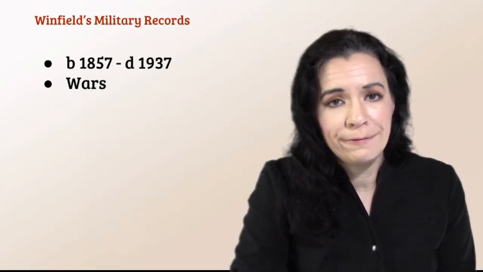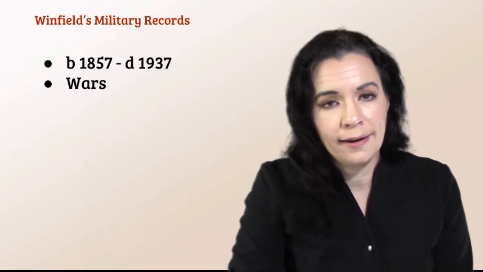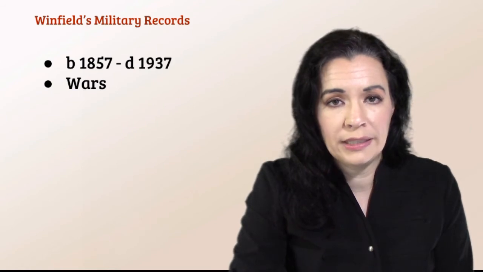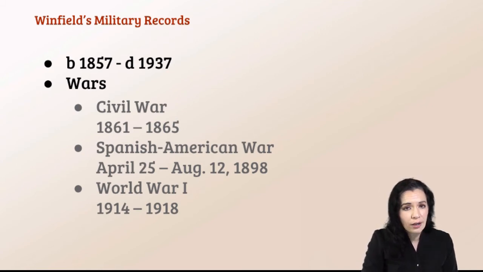The next thing I want to consider in Winfield's life: would I be able to find military records for him? So once again, let's analyze his life and when wars happened. The Civil War happened between 1861 and 1865, and being that he was born in 1857, he's a little bit young for that war, so it's not likely to have affected him. There's the Spanish-American War.